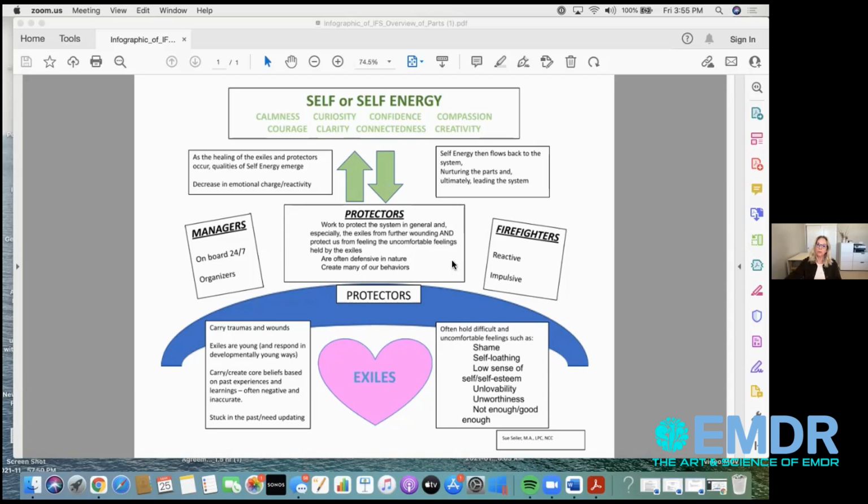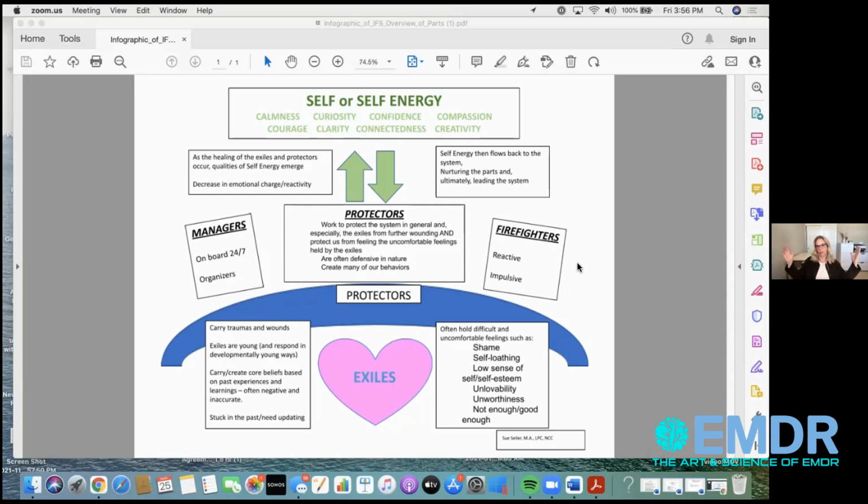So as we do this work and relationships are formed between the client and the parts and part-to-part relationship, the system softens. The system may appear to become less defensive, less protective. Oftentimes we have less extremes.